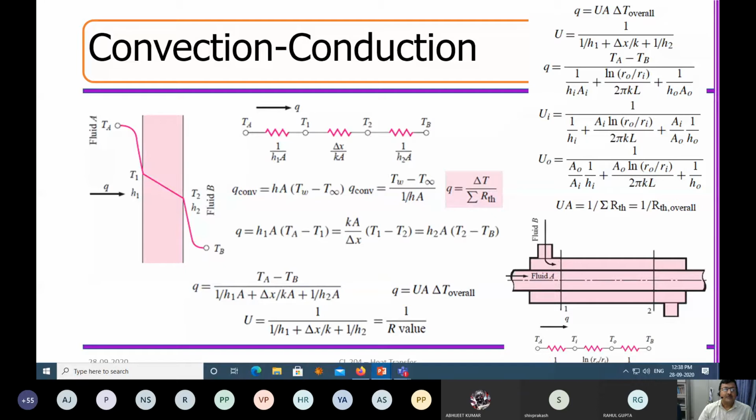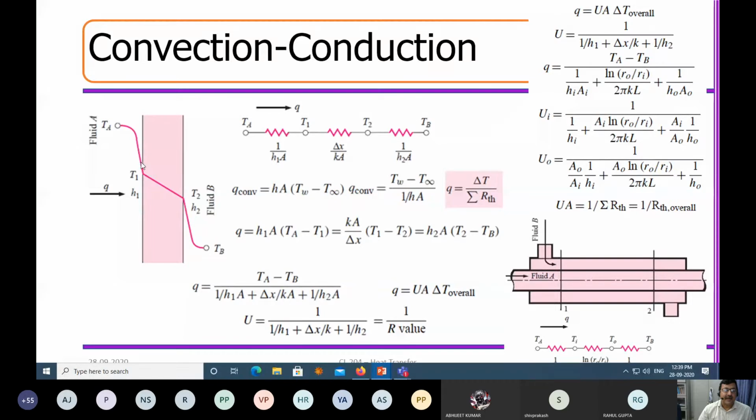Now this temperature is cooled down within this boundary layer. There is a fluid and there is a boundary layer. So first, TA is the fluid temperature here in the pipe. Near the wall, what is happening?